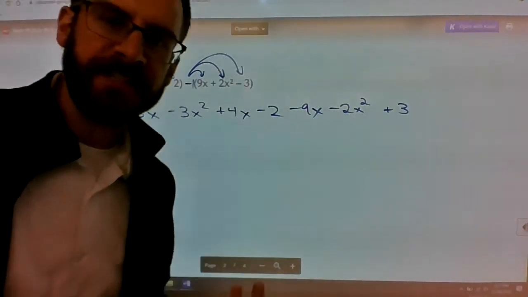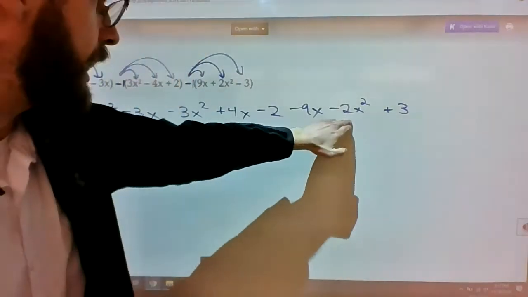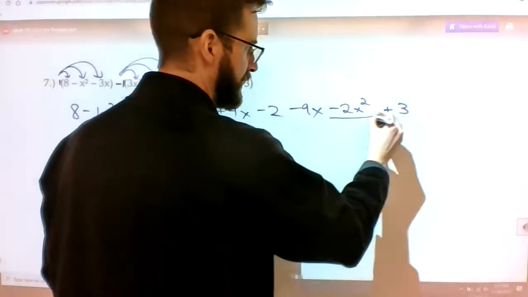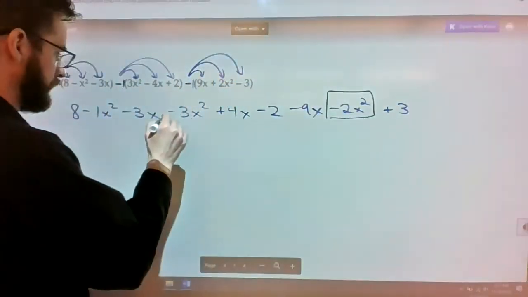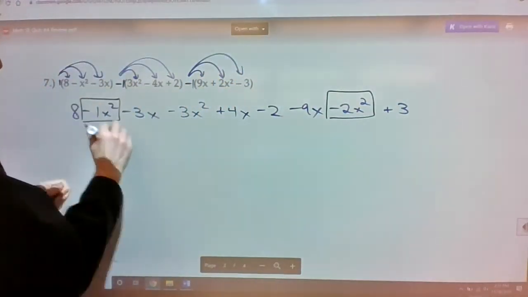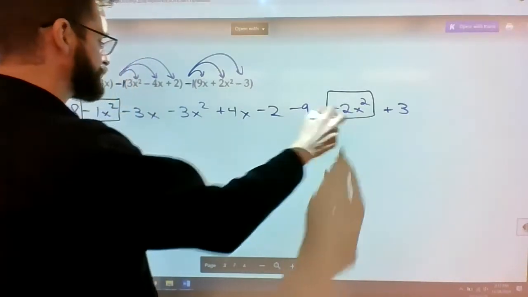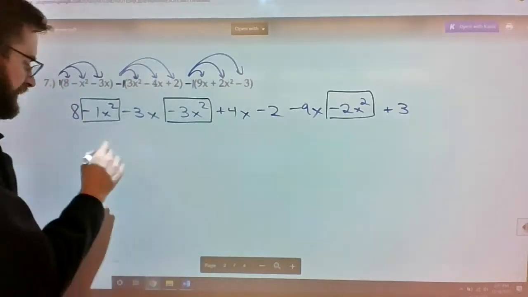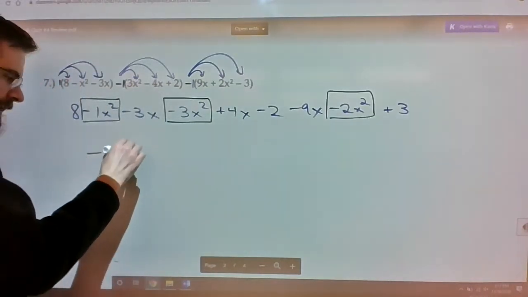Now, it said put them in standard form, so my x squareds are the ones that should probably lead this thing off. So I've got a -2x squared minus 1x squared. That's going to be minus 3x squared minus 3 more x squared. That's going to come out to be -6x squared.